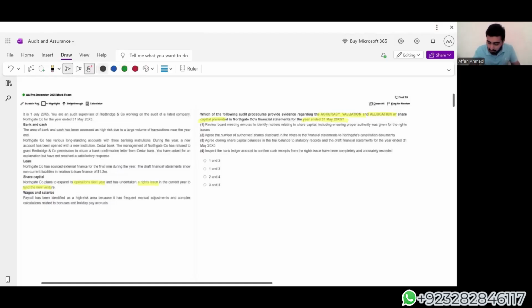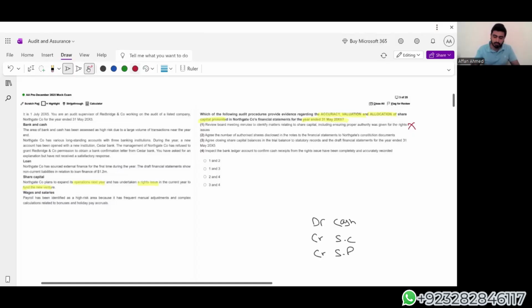The entry is debit cash if we are issuing shares, credit share capital, and credit share premium. So if you have a transaction and the transaction is recorded, the allocation should be in this way, right? So what should we do? We should go for just the transaction itself. No review would be done for the particular authorization of the share issue.